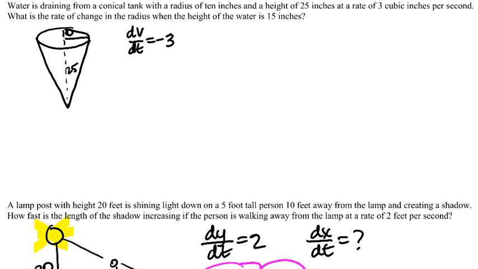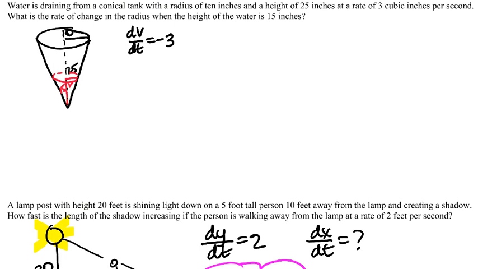Okay, when the height is 15, we're going to have to set up a proportionality relationship. So when h is 15, I'm going to draw this in red, it'll be basically this cone. So that means that this is 15, and we'll find out what the radius is at the time we're interested in.